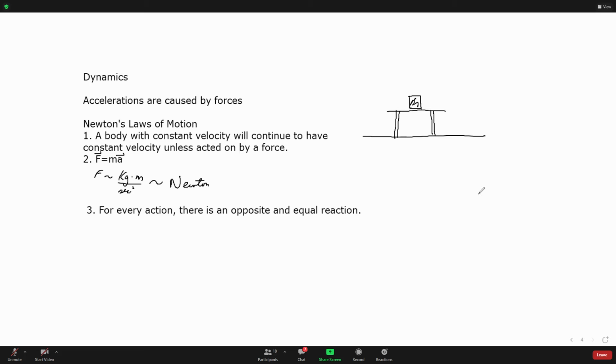Okay, Sophia, explain to me how this situation of the book, so talk about the book, not the table, demonstrates Newton's first law. Not sure. Well, the first law says that a body with constant velocity continues to have constant velocity unless acted on by a force. What's the velocity of the book?